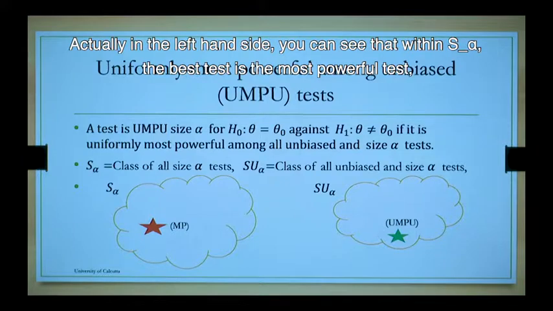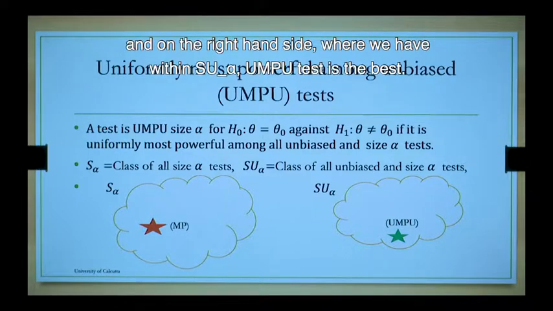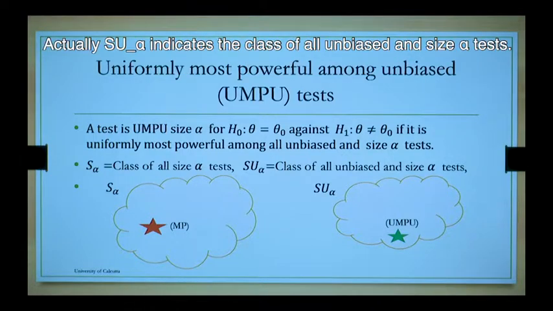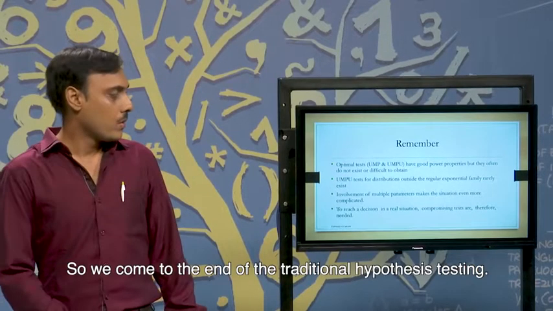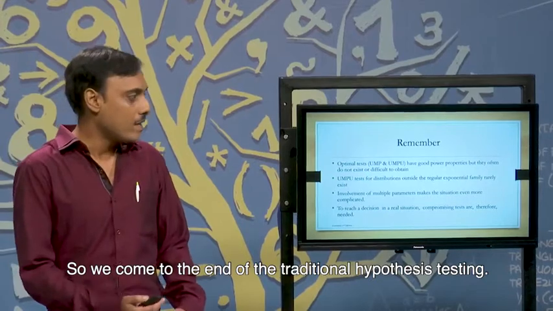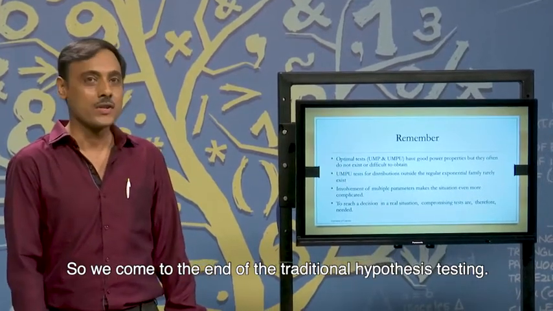On the left-hand side, within S alpha, the best test is the most powerful test, and on the right-hand side, within SU alpha, the UMP unbiased test is the best. SU alpha indicates the class of all unbiased and size alpha tests. So, we come to the end of the traditional hypothesis testing.